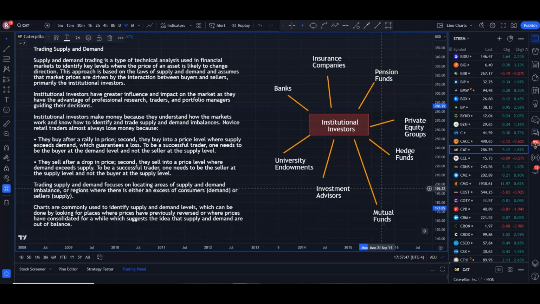These entities constitute the institutional investors.